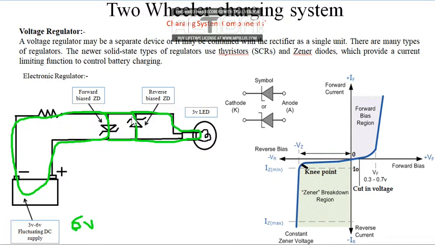Again our Zener diode is responsible for regulating the current flow through the further circuit after the resistor. How? IR is equal to V, Ohm's law.